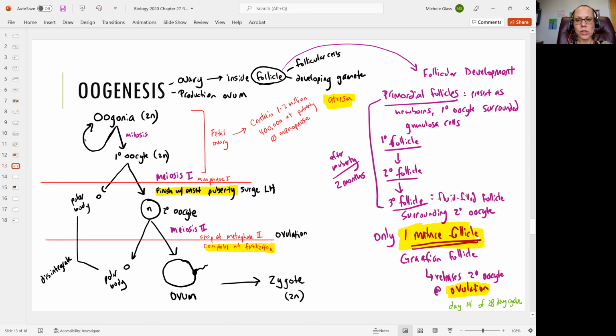When we talked about atresia, we'll see like 99% of those follicles and those developing gametes are going to experience atresia. So you're going through the process of developing follicles with each monthly cycle, but that also means you're going through a process of degrading a huge number of those with each monthly cycle.